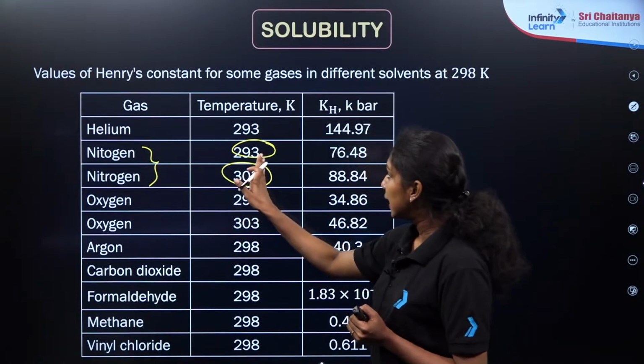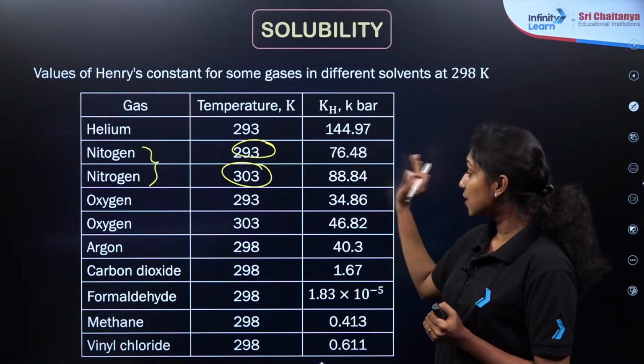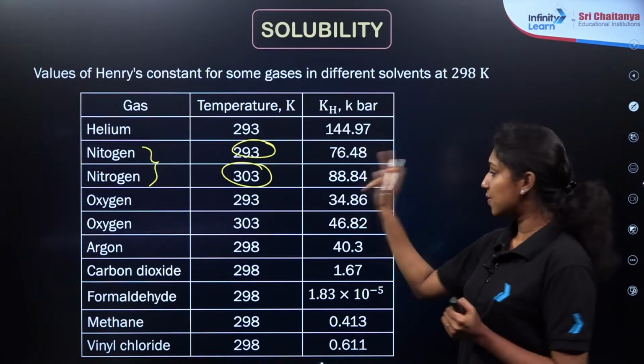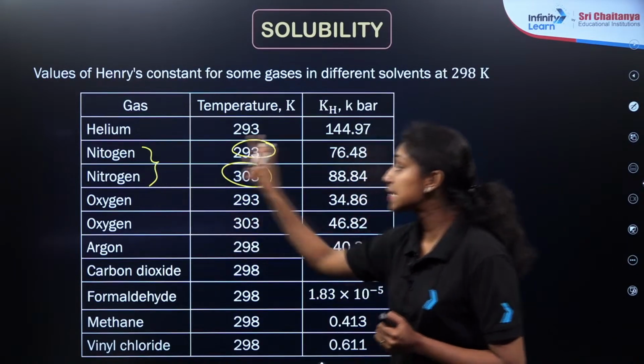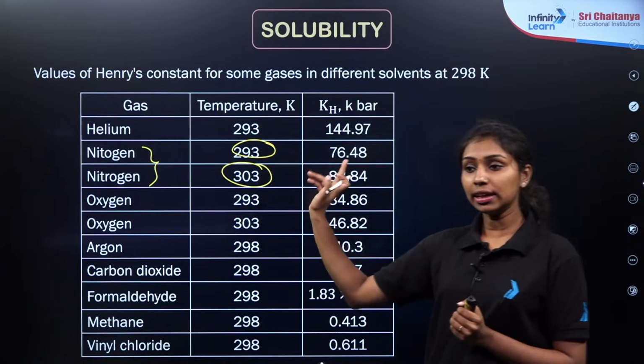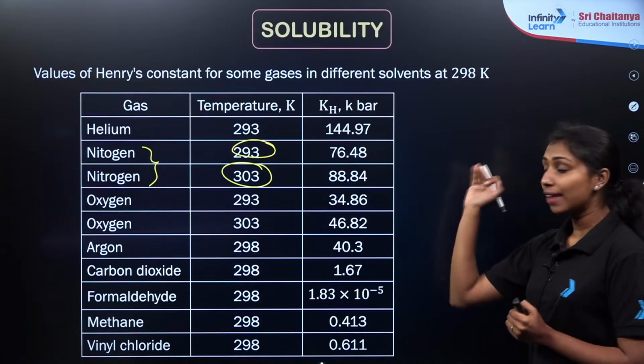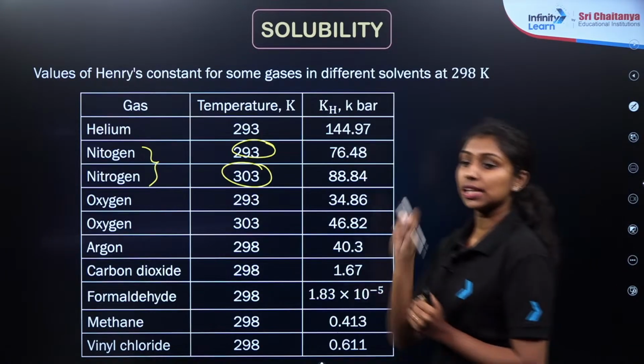One is at 293 Kelvin, KH value is 76.48. Then what about nitrogen at 303 Kelvin? 88.84. What will happen to the KH value? Whether it is increasing or decreasing?